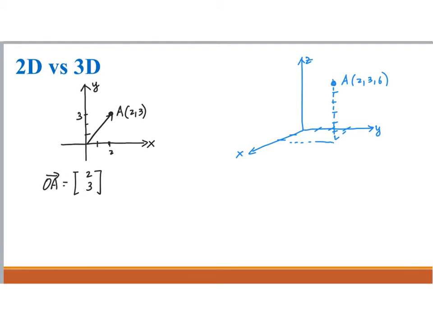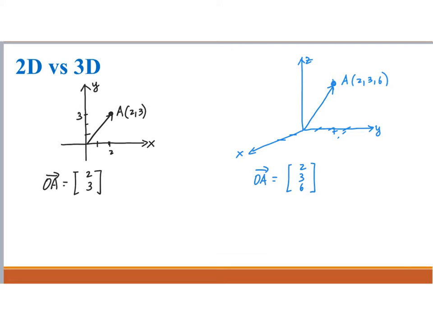Let's take these guides out. And let's draw the position vector of A from the origin O. So in component form, the vector OA here will have components 2, 3, 6.